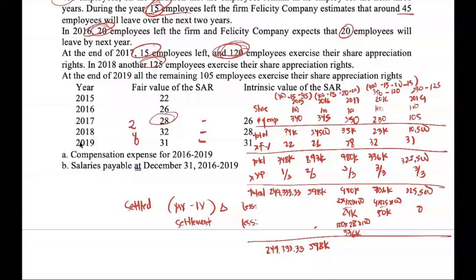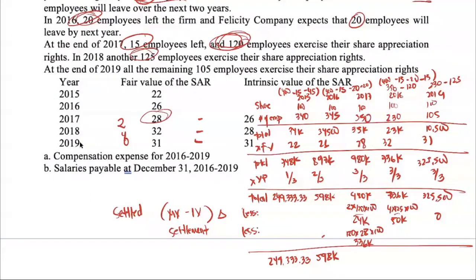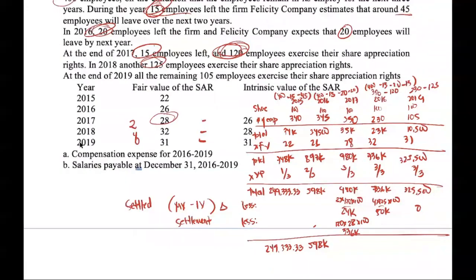We have 480 less 24,000, 980 pala. 980 less 24,000 less 336,000. We have 620,000.